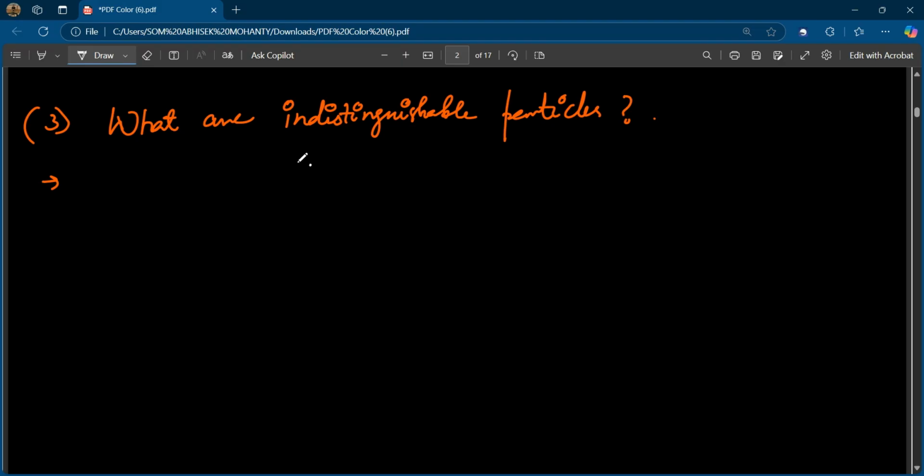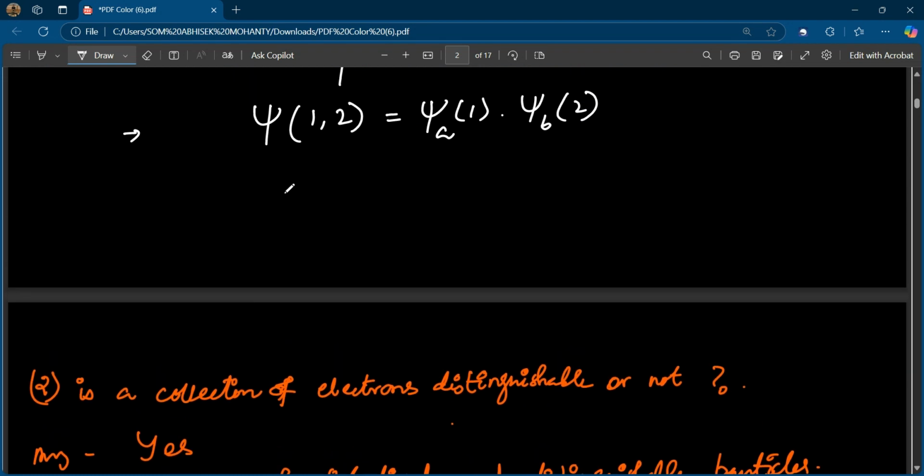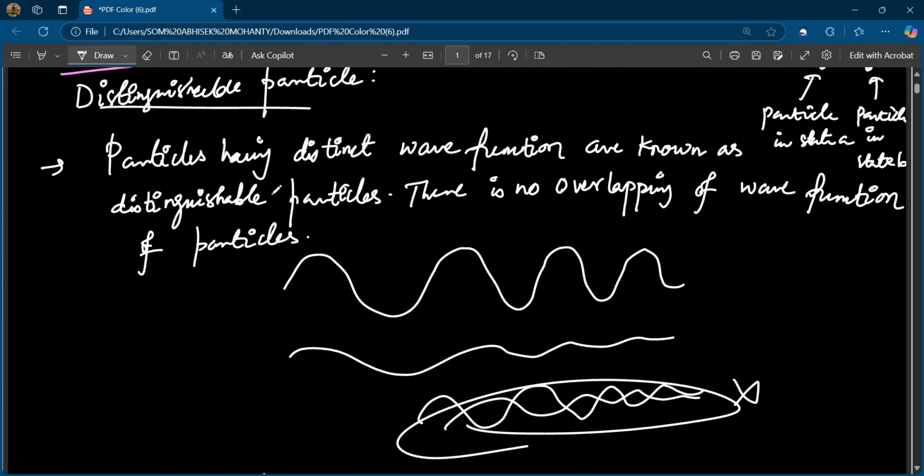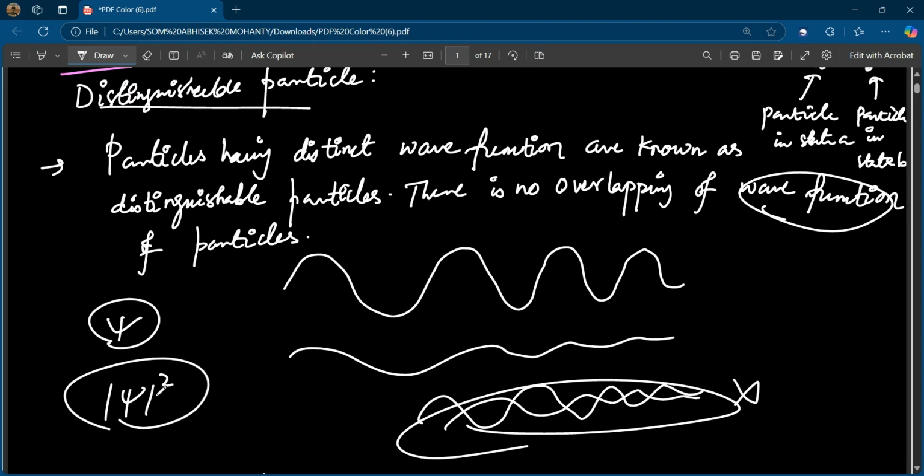What do we mean by overlapped wave function? Wave function means just the probability of the particle to be there. The wave function is psi, but it doesn't signify anything by itself; the square of psi signifies the probability density, that is, where the particle is.